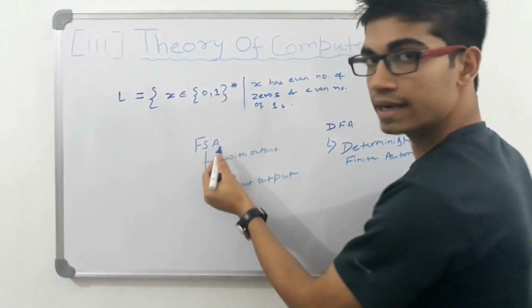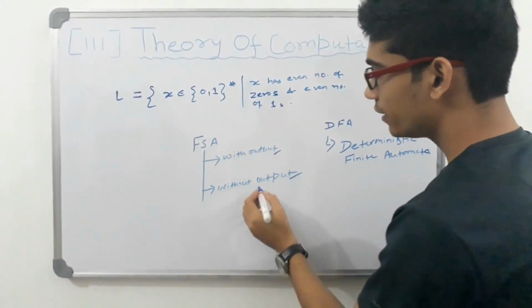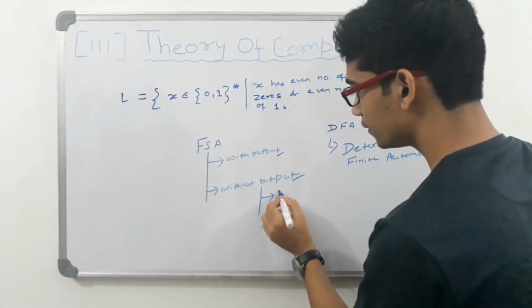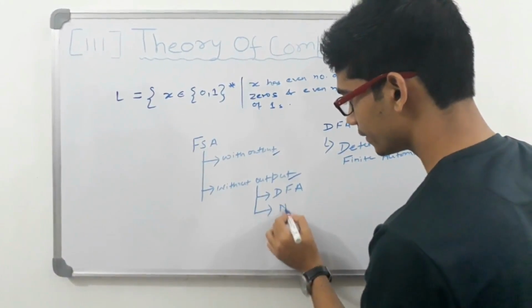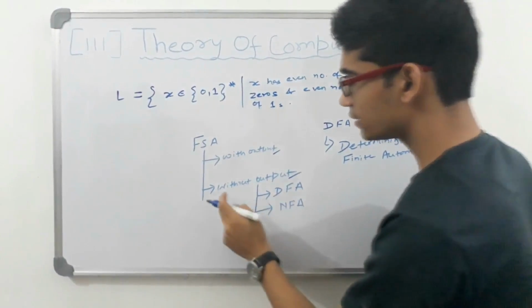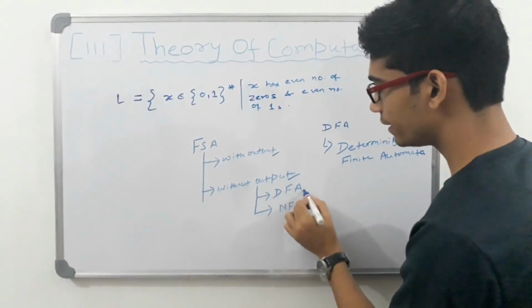Under this we have DFA and NFA. We have some more, which we will see, but just consider that we are dealing with the without output type of model, and under that we are dealing with DFA.